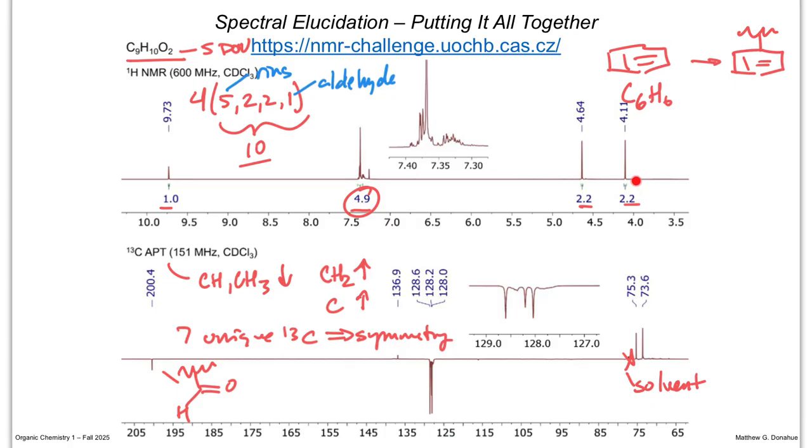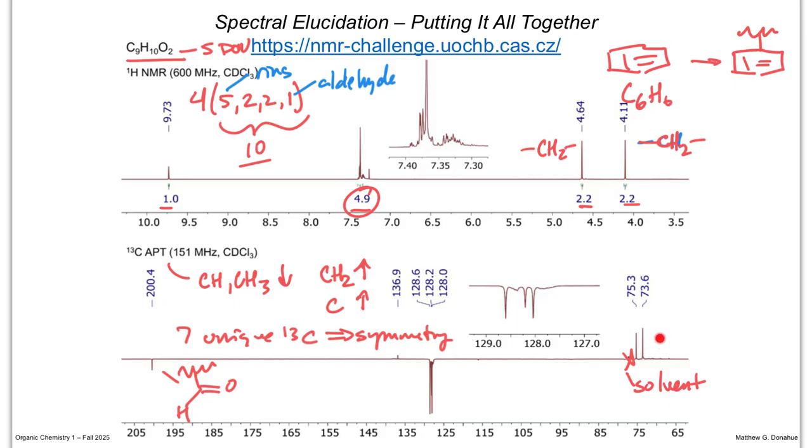What can you tell me about the multiplicity of those signals? What are they? They're both singlets, which means what? They have no neighbors. So because the integrations are 2, we know they're CH2 groups.